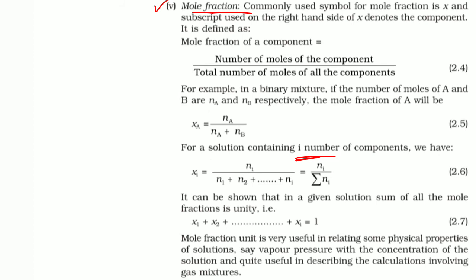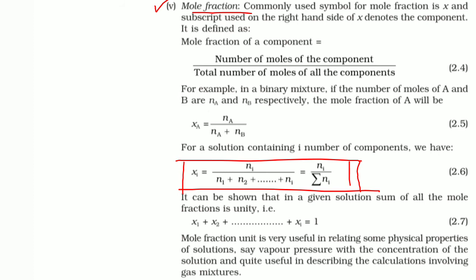Xi, which represents the mole fraction of the ith component, is equal to Ni divided by N1 plus N2 plus N3 up to Ni. Here it can also be represented as Ni divided by summation of Ni.